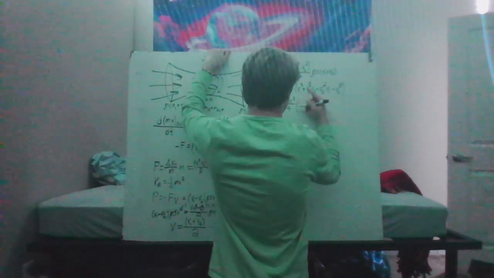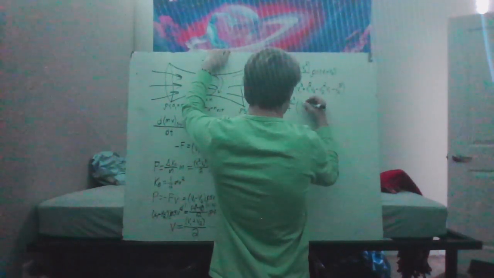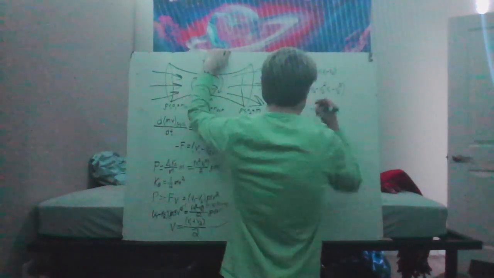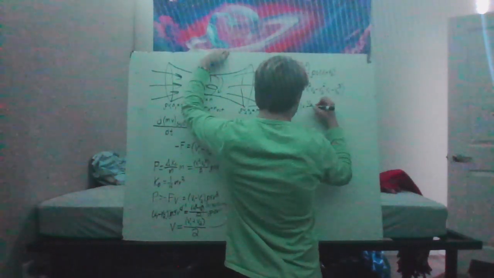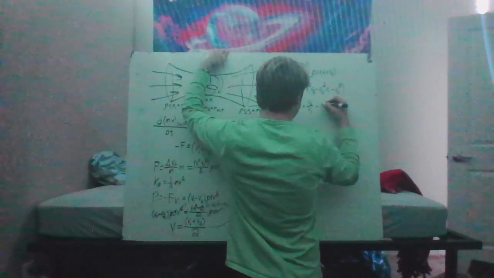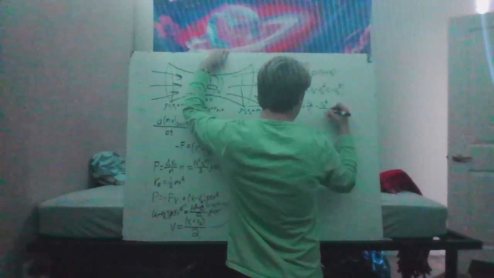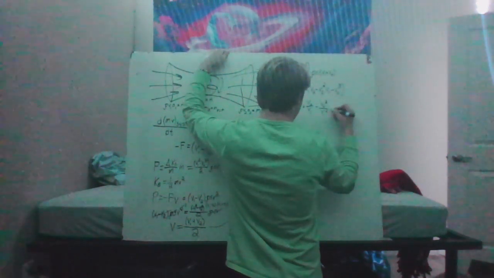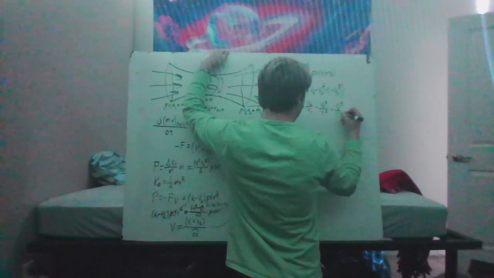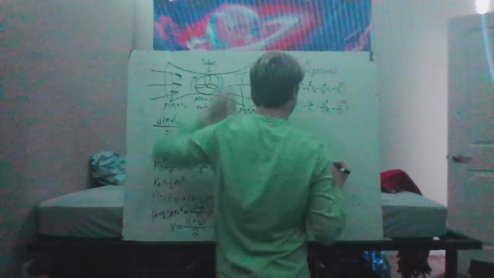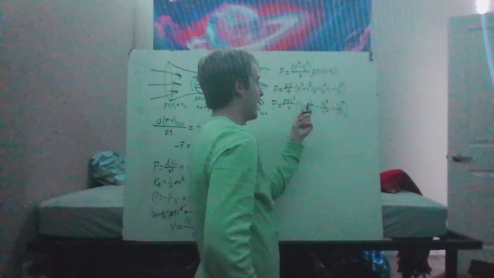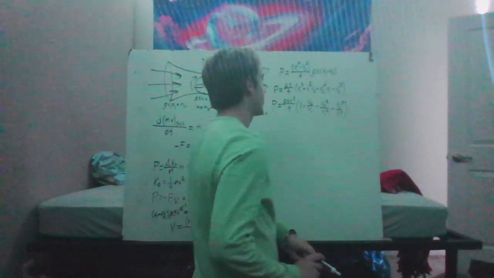So again, factoring out that v1 to the third, it'll just be 1. And then here we'll just have v2 over v1, and then minus v2 squared over v1 squared, and then here we'll have v2 to the third over v1 to the third. So now as you can see, we have these ratios of the outcoming velocity to the incoming velocity.